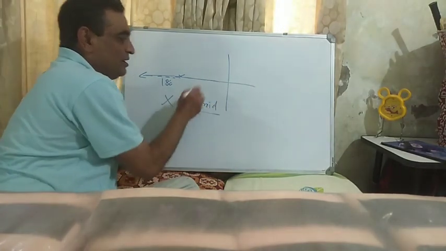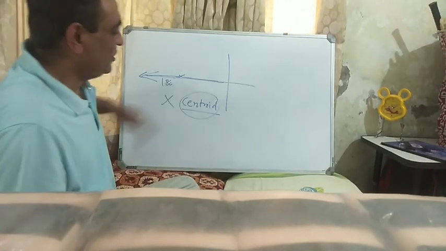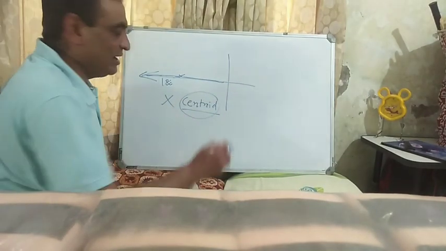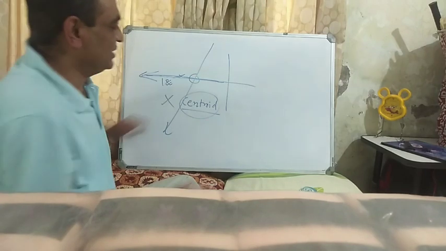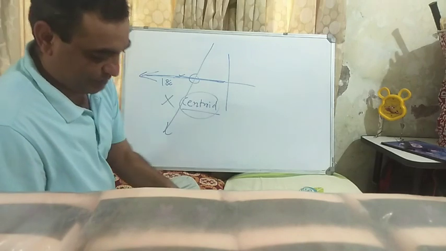I hope you understand. There is no point in finding the centroid, because the centroid is a point where the asymptote crosses the real axis. So if the asymptote is like this, then I need to find the centroid. But here the asymptote is this, so I don't need to find the centroid.